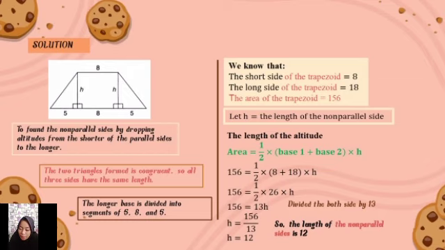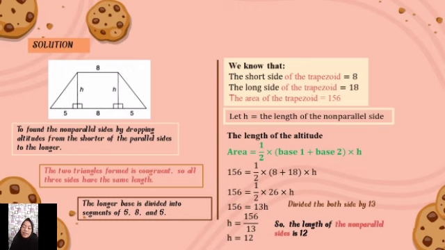So 156 equals one half times 26 times h. So 156 equals 13h. So h equals 156 divided by 13. So the value of h is 12. So the length of the altitude is 12.